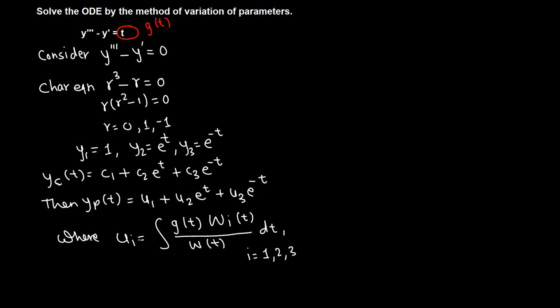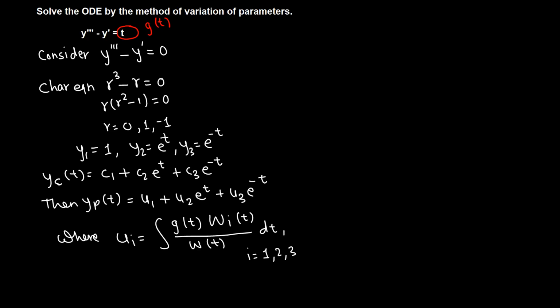And u1 uses W1, that's the only change, and W is the Wronskian of all three solutions here: 1, e^t and e to the negative t. And u2, that's the second unknown function, is the same thing with W2, and I'm going to find these W1, W2, W3 and W here.